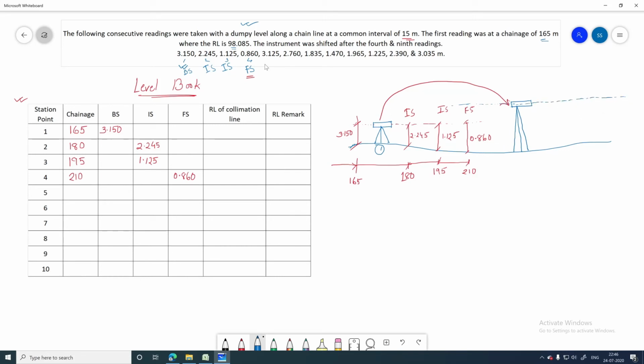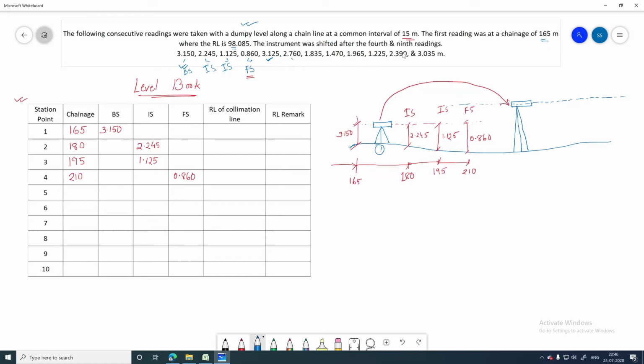Now look, this is the foresight reading, right? How many readings are taken using instrument station 2? The instrument was shifted after the 4th and 9th reading. So after the 4th reading up to the 9th reading we consider for instrument station 2.